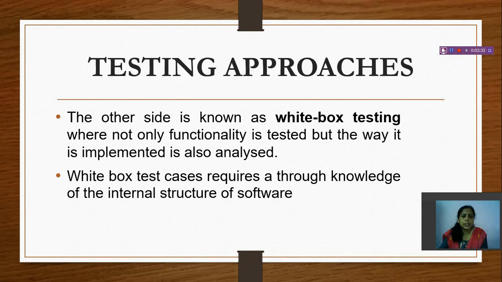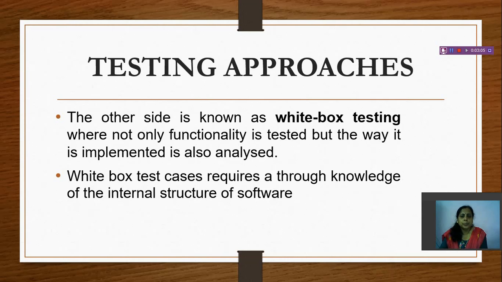But the other side is known as white box testing, where not only the functionality is tested, but the way it is implemented is also analyzed. White box testing tests all the internal structure, all the internal programming of the program code of the software. White box test cases require a thorough knowledge of the internal structure of the software.